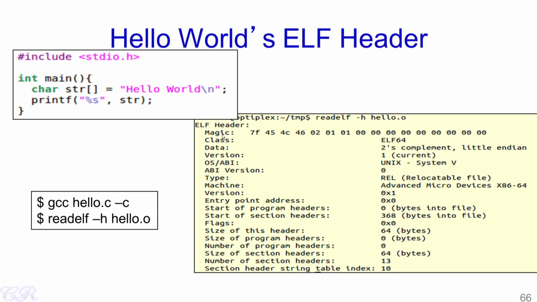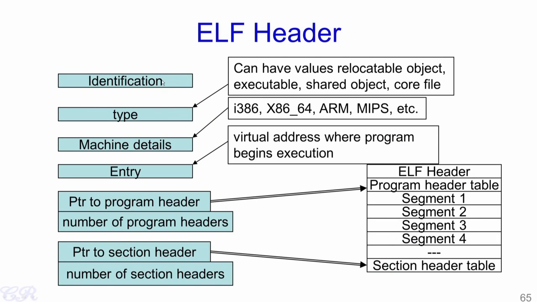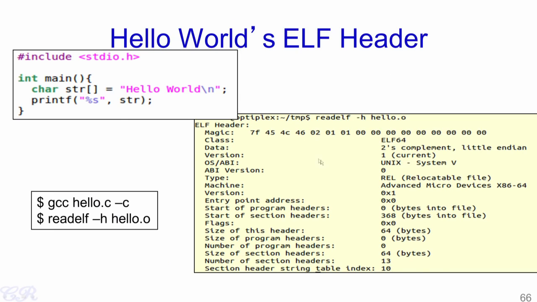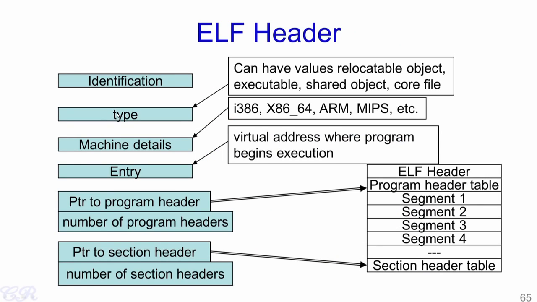It has a magic number, which is essentially the identifier, and it is used to distinguish this particular object file from any other file. It is used to say that this particular object file is indeed an ELF file. Then another thing we have seen is the type of the ELF header, which could be, for instance, a relocatable object and so on.